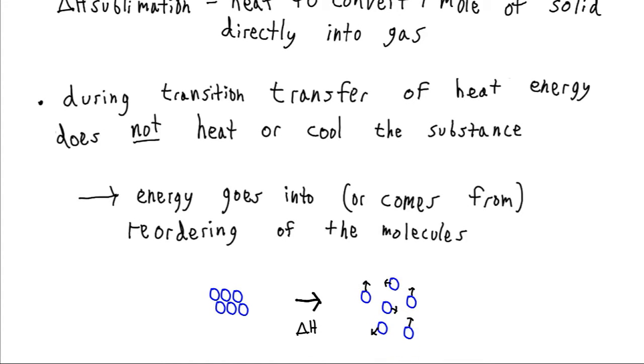So for example, if we go from the solid phase into the gaseous phase over the course of sublimation, then that enthalpy of sublimation energy that we are throwing into the system, instead of heating these atoms and going into the energy of their electrons, where most of the thermal energy resides in an atom, instead just goes into pulling those atoms apart in order to put it into a gas phase.